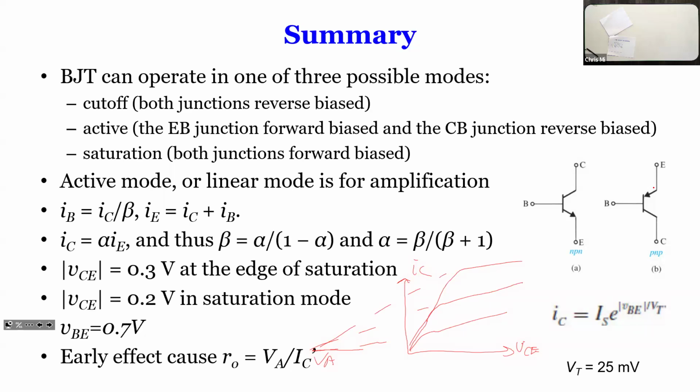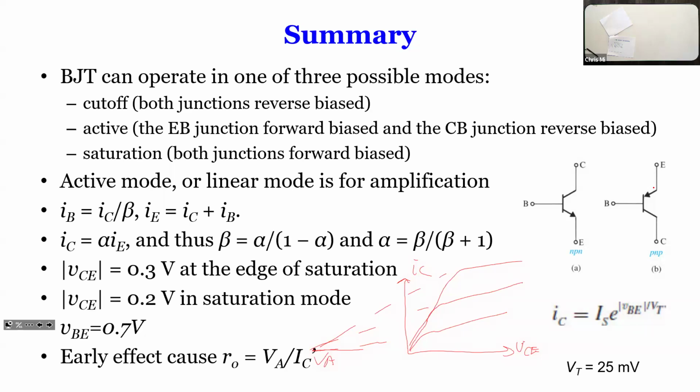So IC is a function of VCE, but also a function of VBE, and it increases when VB increases. Now, of course, once we get the 0.7 thing, we only choose that one curve that is equivalent to 0.7 volts. In the real world, when VB changes, this curve actually changes. But regardless of how it changes, if you extend this slope all the way down to this quadrant, you will see VA.